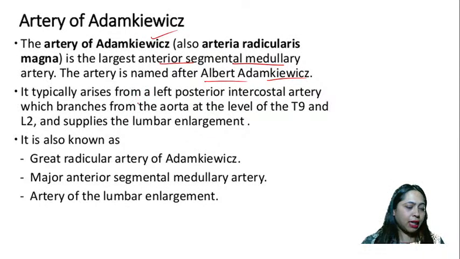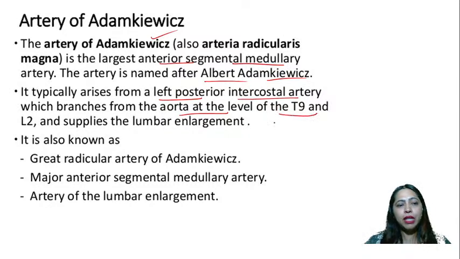And where does it arise from? It typically arises from the left posterior intercostal artery. So in most people, it is arising from the left side, and that is dominant. It branches from the aorta at the level of T9 to L2, and it supplies the lumbar enlargement.